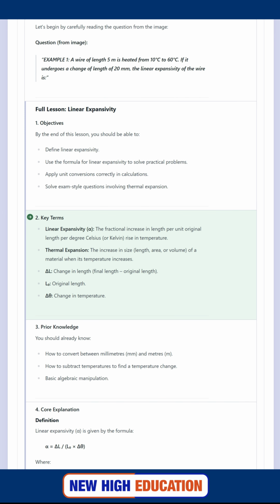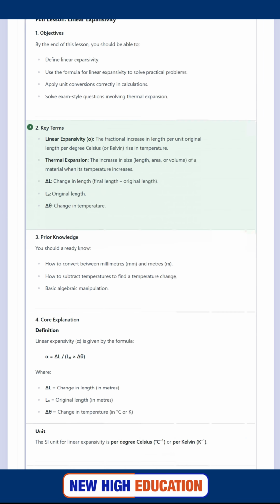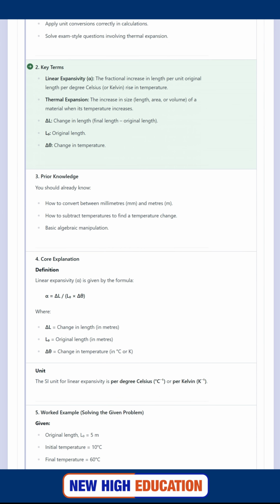Prior knowledge. You should already know how to convert between millimeters and meters, how to subtract temperatures to find a temperature change, and some basic algebraic manipulation. Remember, always use SI units in your calculations, especially for length and temperature. Core explanation, definition.